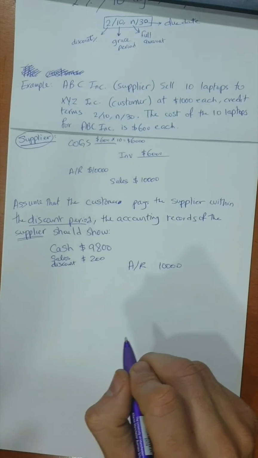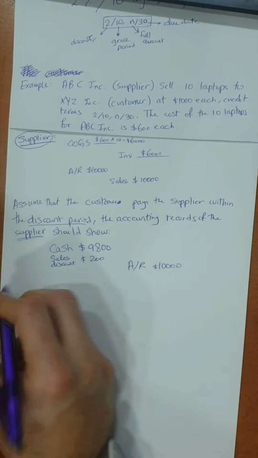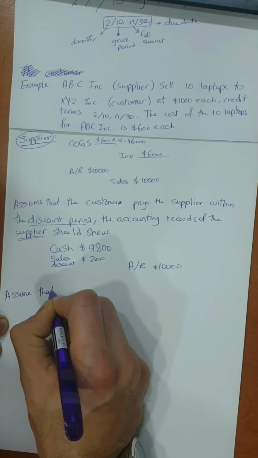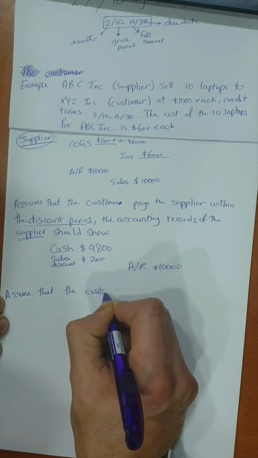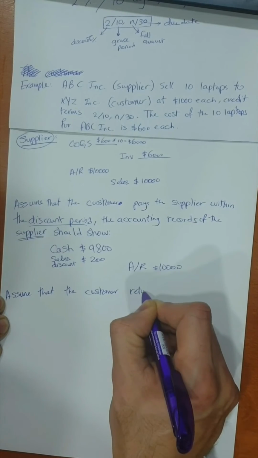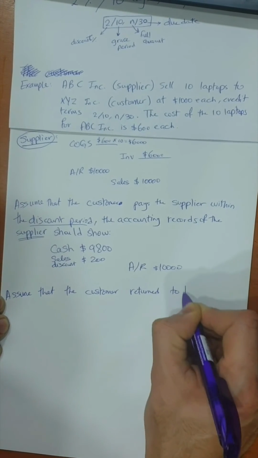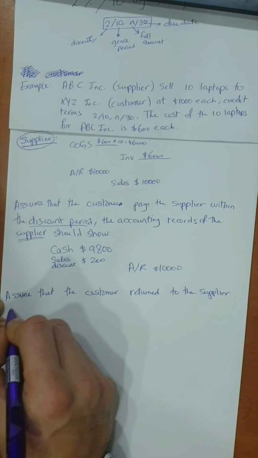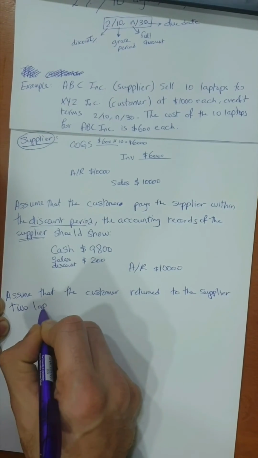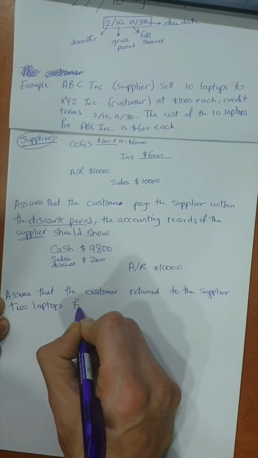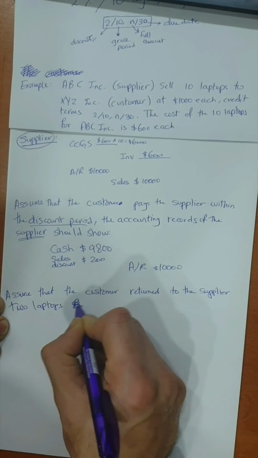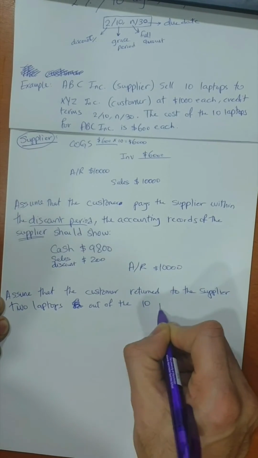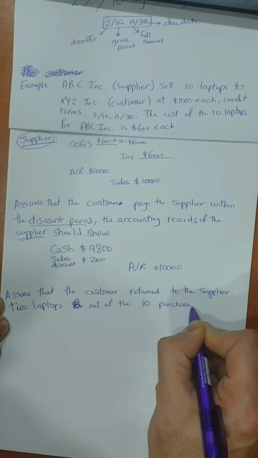Okay? Now, another assumption or example. Assume that the customer returned to the supplier 2 laptops out of the 10 purchased laptops.